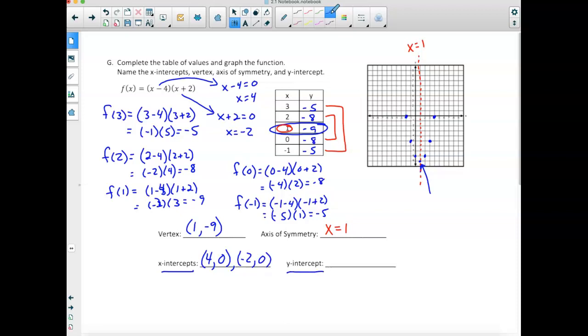What is the y-intercept? The y-intercept is always when x is 0. So when my x is 0, my y-intercept would be negative 8. So it would be 0, negative 8. And then from there, remember, this isn't a linear function, it's a quadratic function.